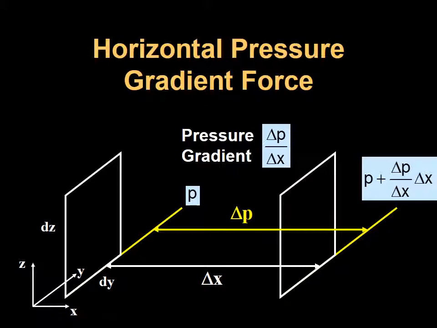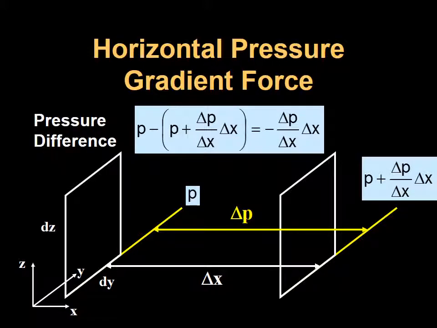So P plus delta P delta x times delta x will give you your new pressure at some given distance to the east. If we take our original pressure and subtract the new pressure value, then we'll get the pressure difference. And that's what your delta P delta x times delta x is, but there's a minus sign out in front. So this is the pressure difference between those two locations.